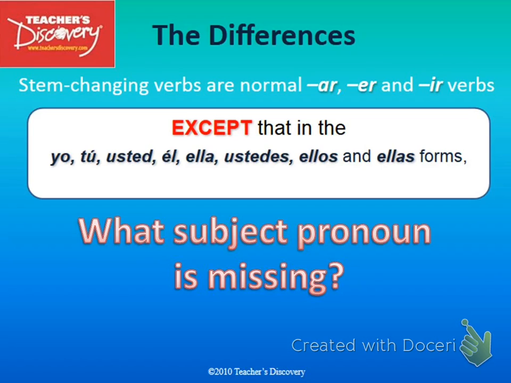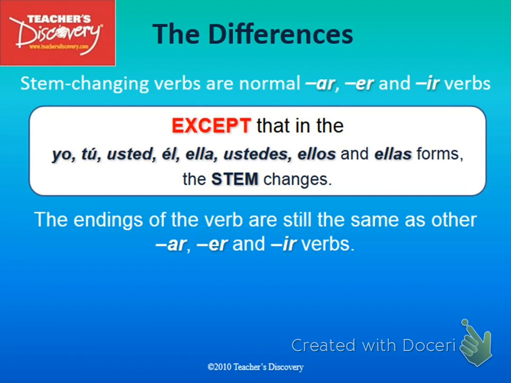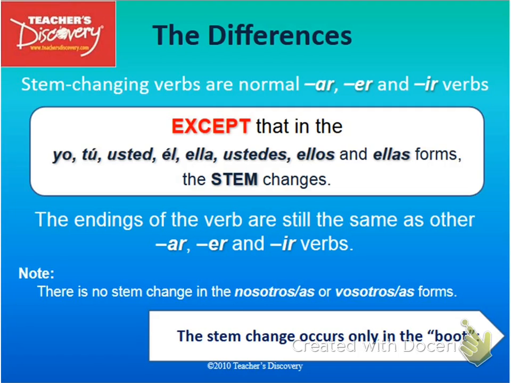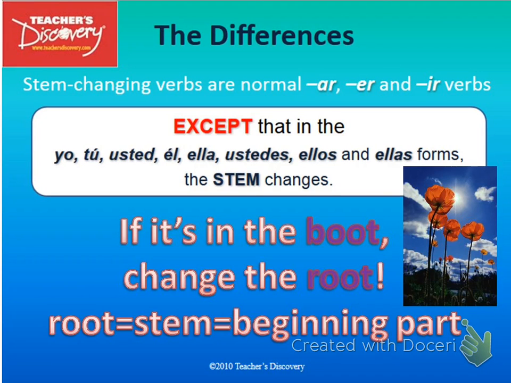The subject pronoun that's missing from this list is the nosotros form because that one is the one that will stay out of the boot. So we continue using our same endings in the present tense, but the differences will be that for stem changing verbs, we're going to make all the stem changes in all the forms, but not in the nosotros form, and that's why we call it a boot.